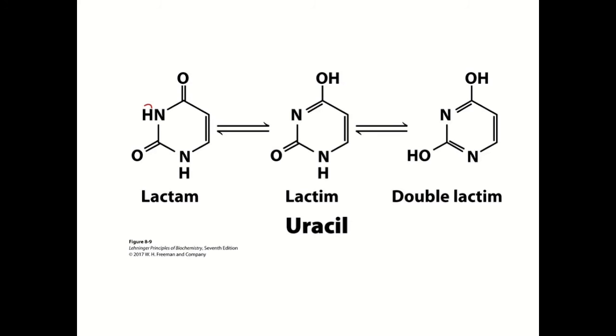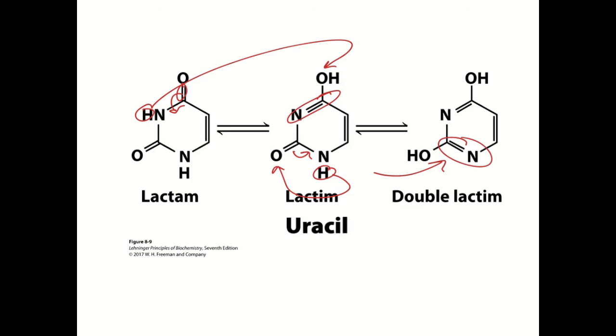So here, this hydrogen is now on the oxygen, and that pi bond has switched to be between this carbon and this nitrogen. And then here, this hydrogen is now on that oxygen in this tautomer version, and that pi bond has moved to be between that carbon and that nitrogen.